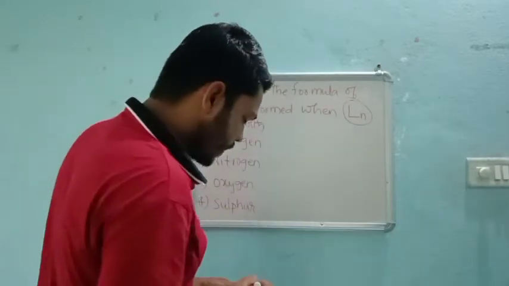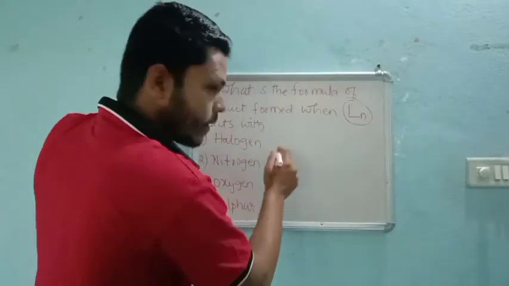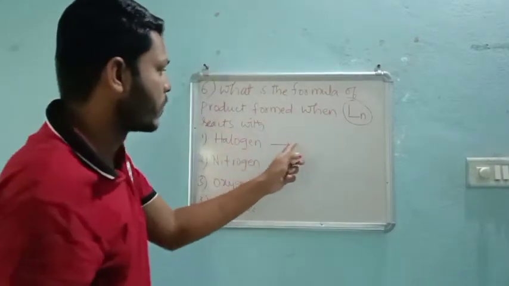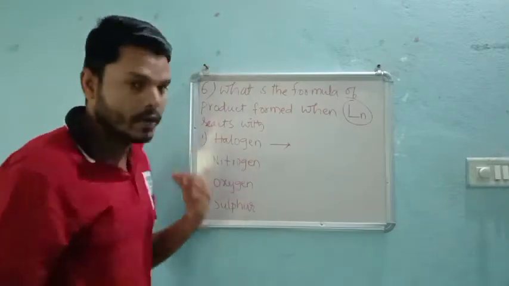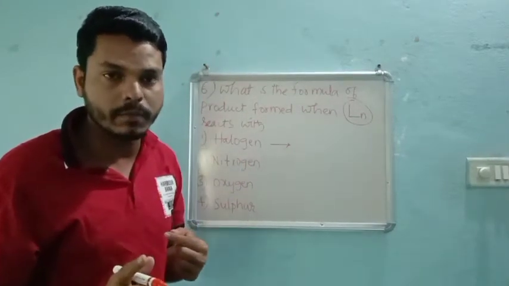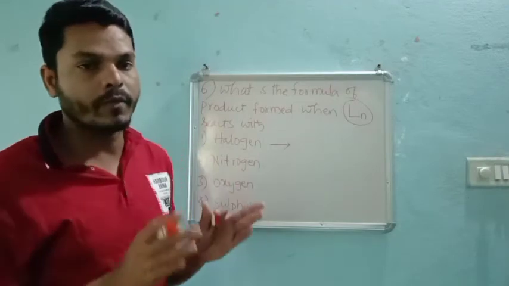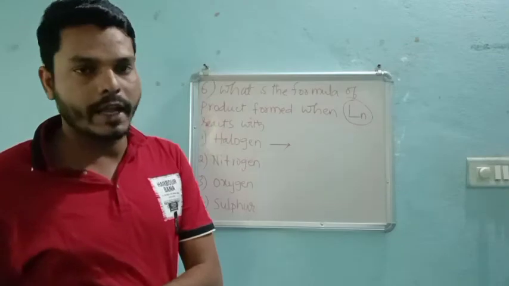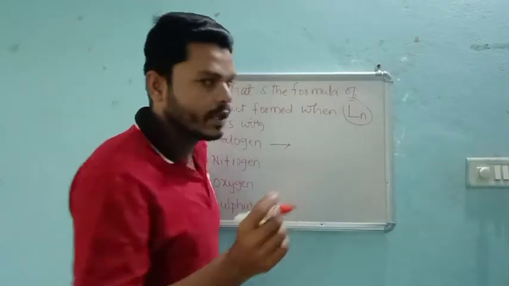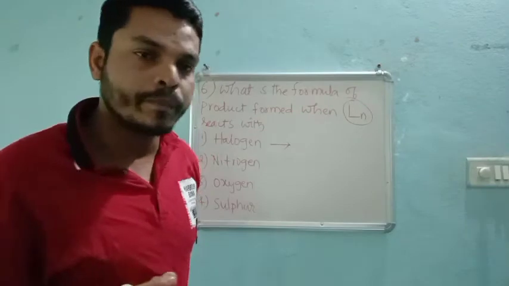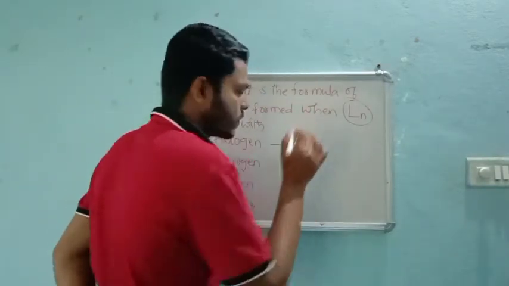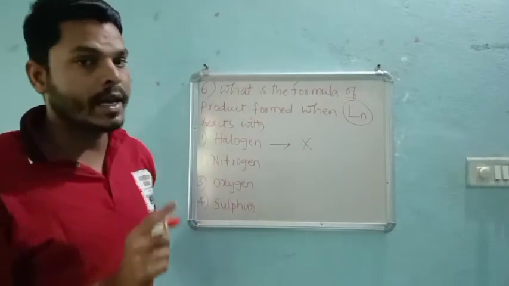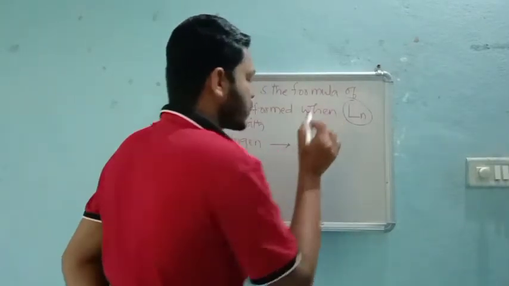So the answer will be, see here, number 1, halogen. If lanthanide reacts with a halogen, you can take any halogen: fluorine, chlorine, bromine, iodine. Astatine is also there, but it is a very rare element. We represent these elements with X, and in all the halogens we have a negative charge.